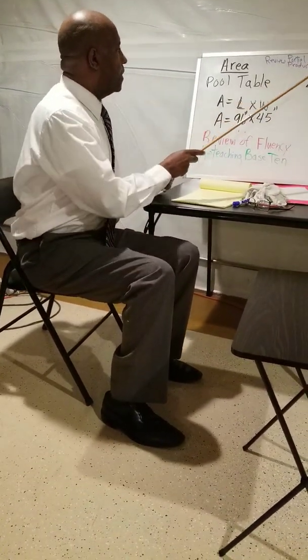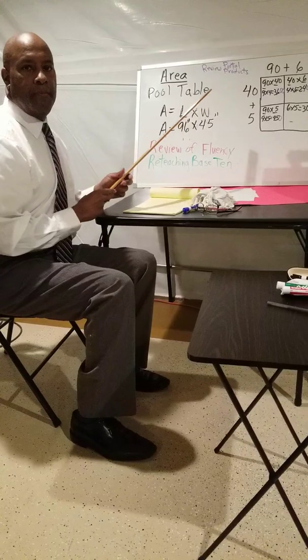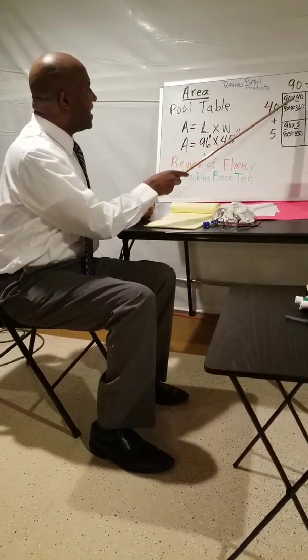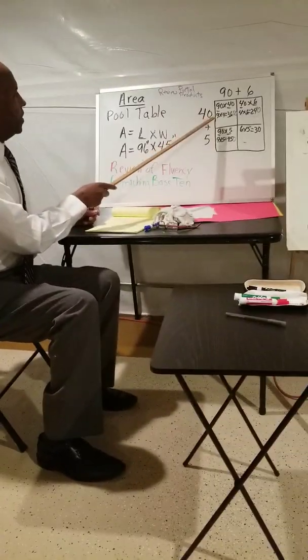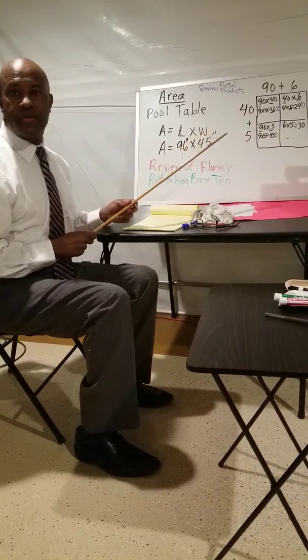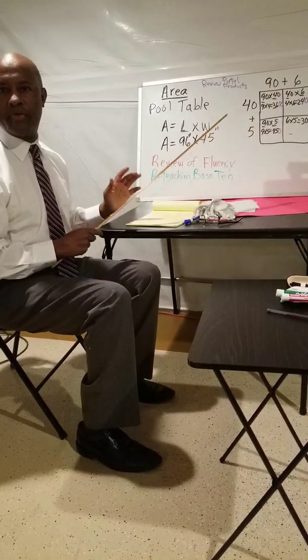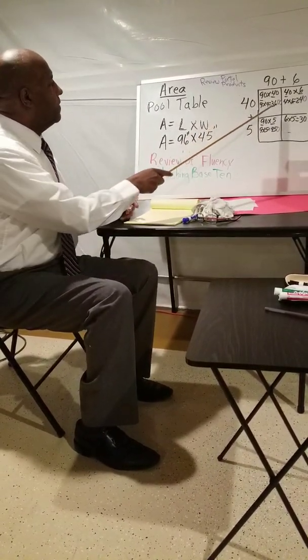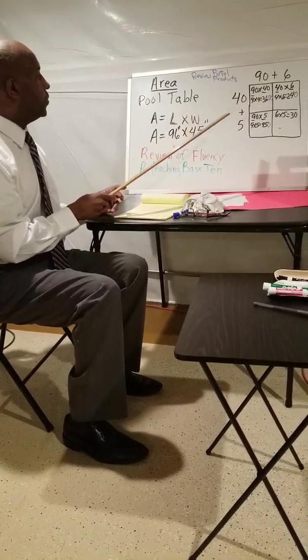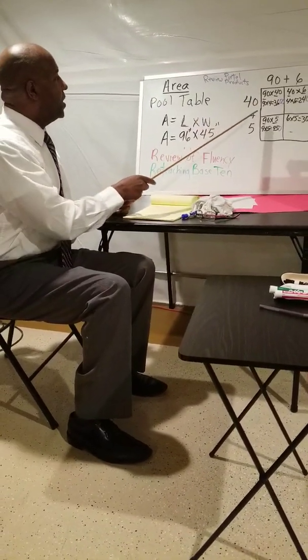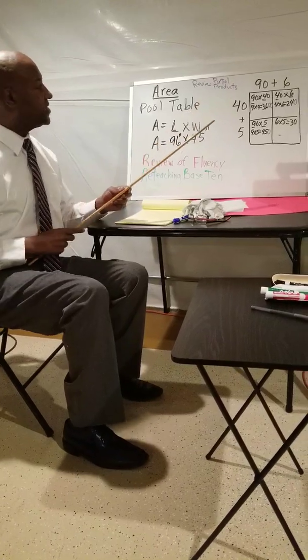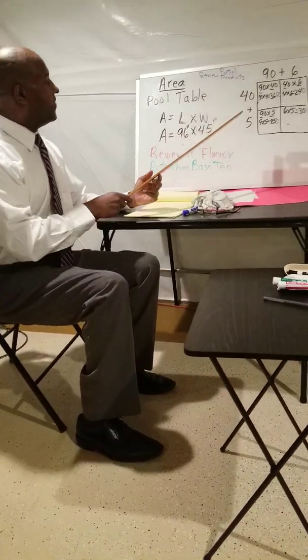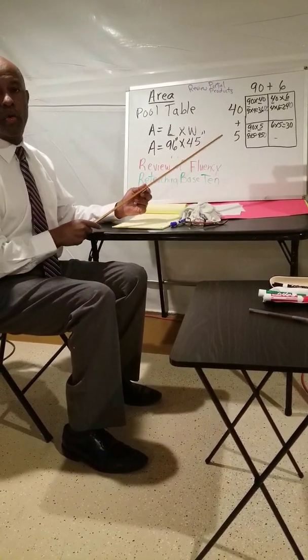So when you multiply by partial products, 90 times 4. Okay, we underline the 9 times 4. That's your fluency. What's 9 times 4? 36. Okay. But then you had 2 zeros in blue, because you're really multiplying the 36 times 100. And that's how you get 3,600.